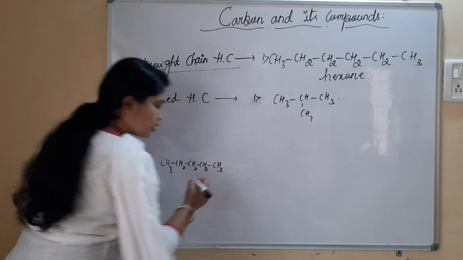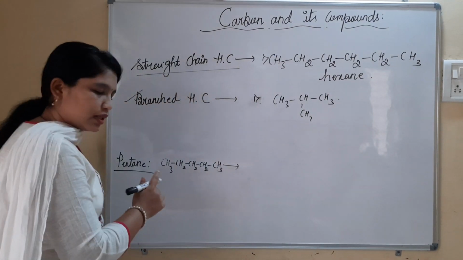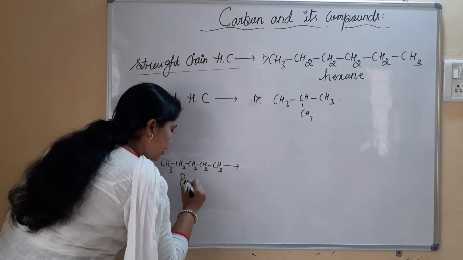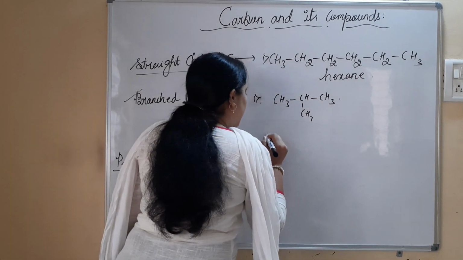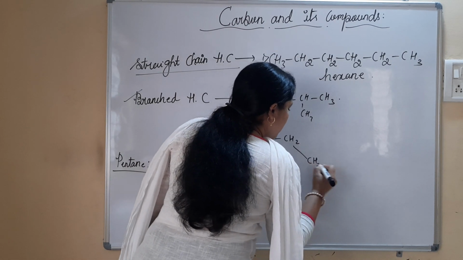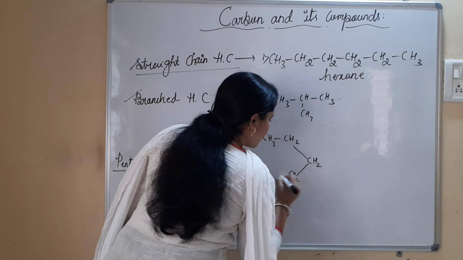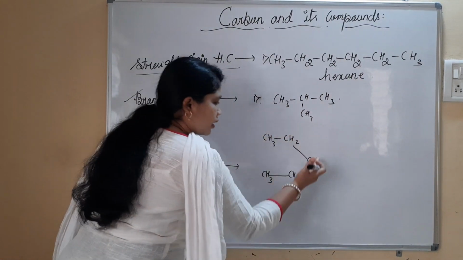CH2, this is CH3, right? There are 5 carbon atoms. Now what am I doing, with the help of this pentane? What type of pentane is it? Normal pentane, or straight chain pentane. So I will be writing CH3, CH2, CH2, here also I have CH2, this is CH3.